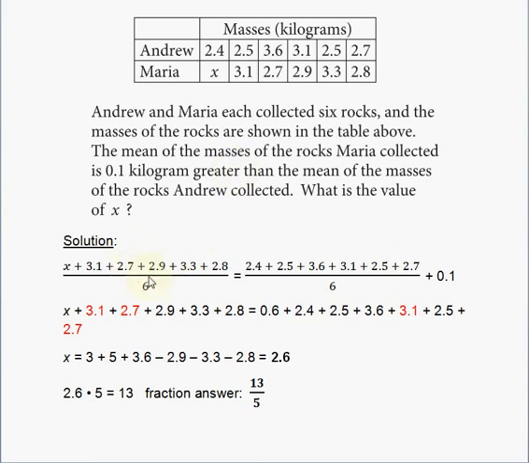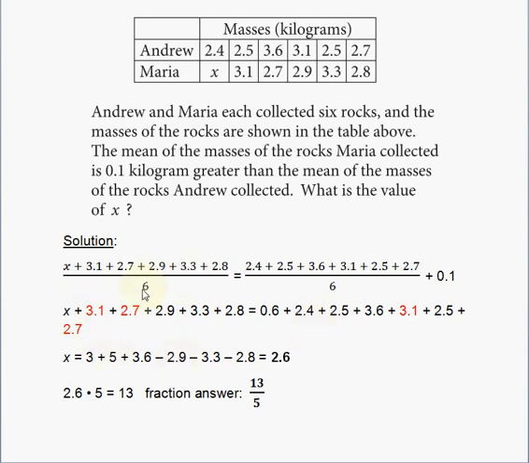So that means when you add 0.1 to Andrew's mean, it will represent Maria's mean, right? Because Maria's mean exceeds Andrew's mean by 0.1. This is Andrew's mean and this is 0.1, and this is by how much Maria's mean exceeds Andrew's mean.